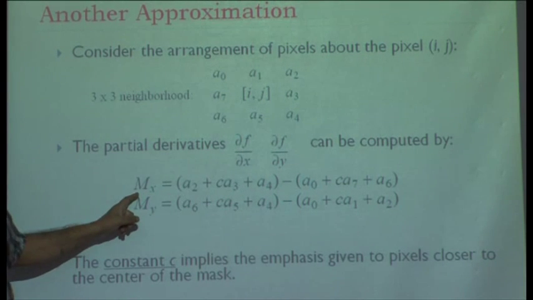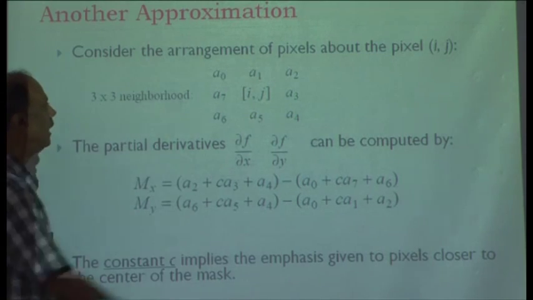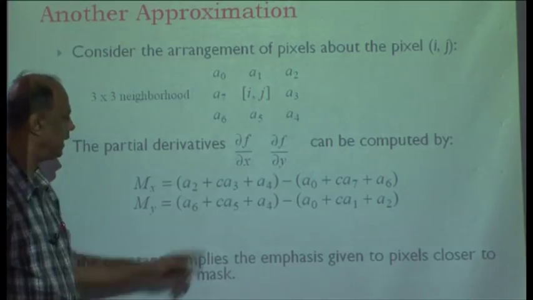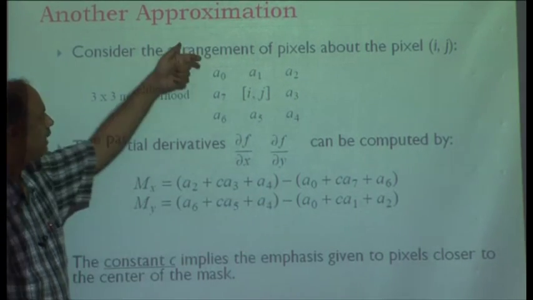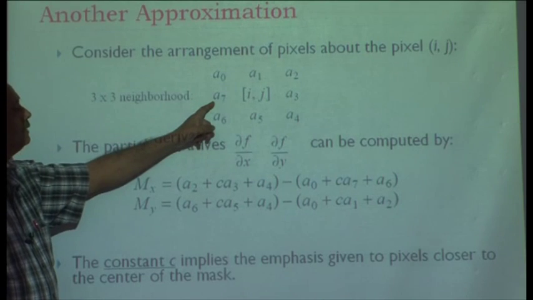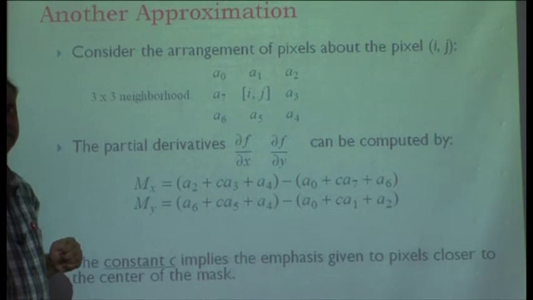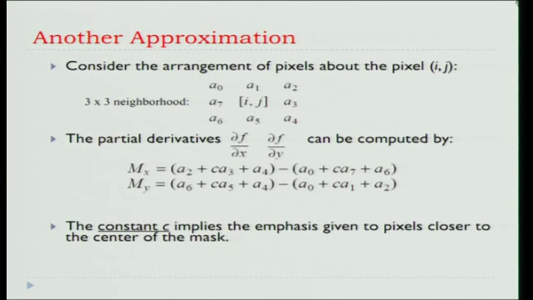Instead of doing that, we are defining the mask now. The mask is nothing but A2 plus you give some weight to this, C into A3, plus A4 minus A0, C into A7, where C is some constant, plus A6. So, initially we started with the idea that the difference between the third and the first columns, or the difference between the third row and the first row.